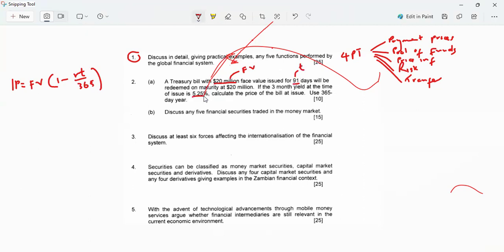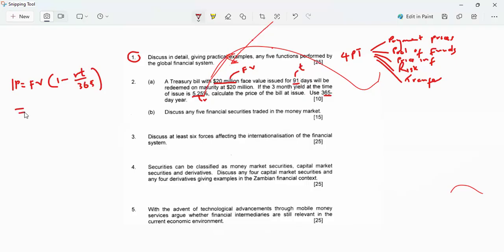Rate here is what? 5.25. And our base is 365.